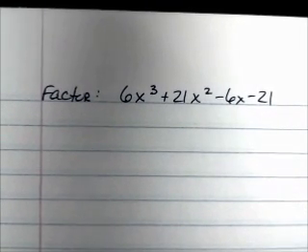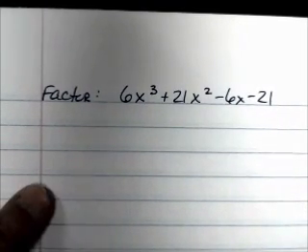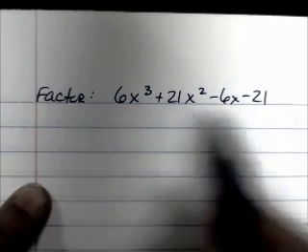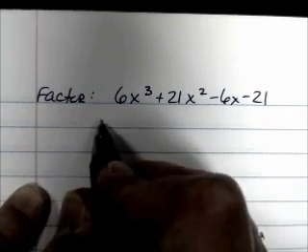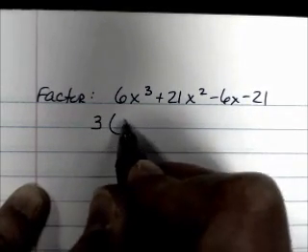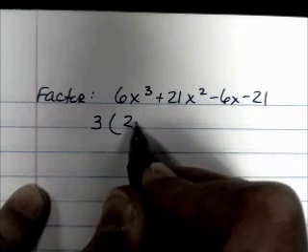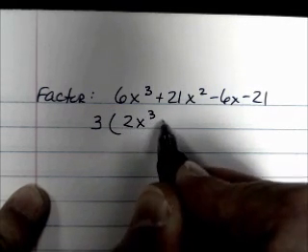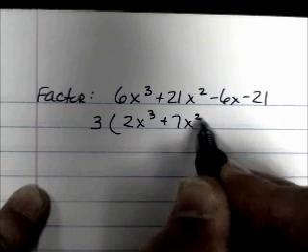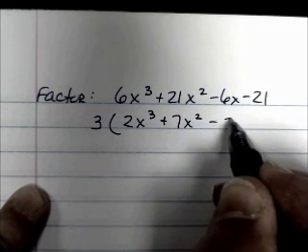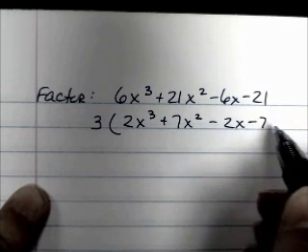First, GCF, is there one? Yes, 3. Factor out 3, and we have 2x to the third plus 7x squared minus 2x minus 7.